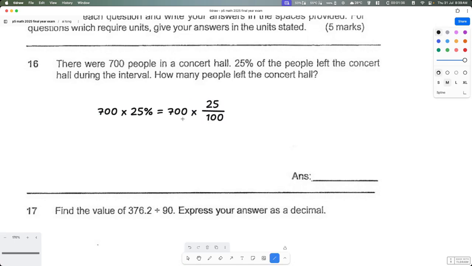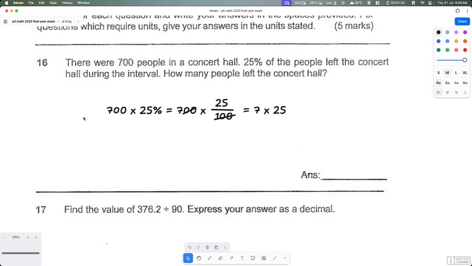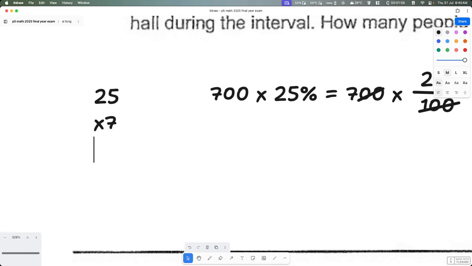Okay, and then we can just cancel these two zeros. That's what you see over here, right? And then this will become 7 times 25. So what is 7 times 25? Let's do the working. So 25 times 7. Let's add the line over here. First, 5 times 7, what would this become? 35.